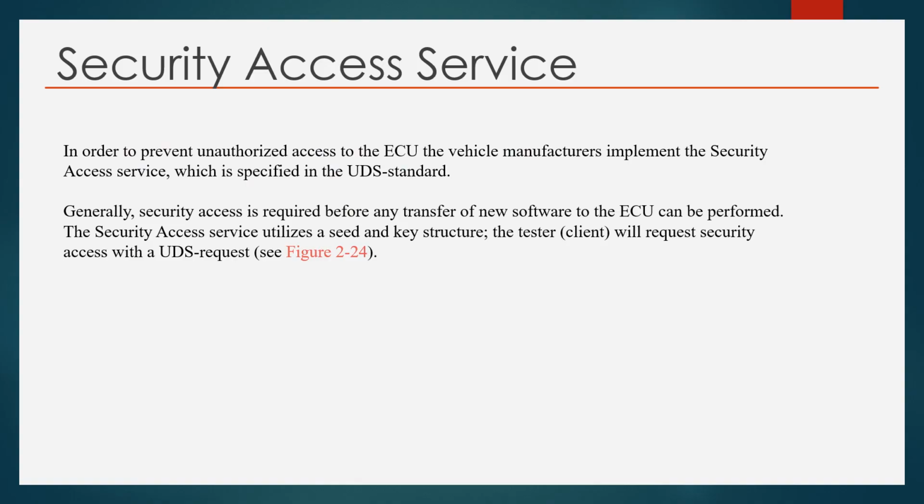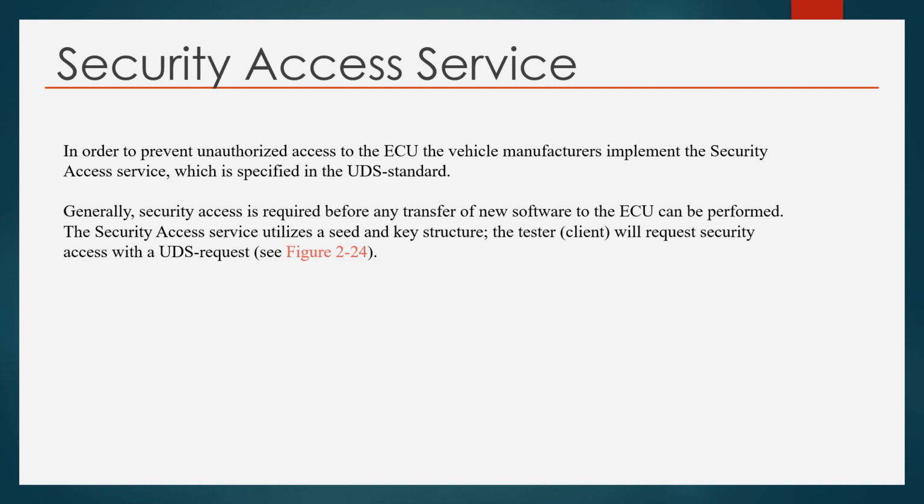Security access service. Security access service is very important, because with this we prevent unauthorized access to the ECU, since we need to unlock the ECU. We need to have a valid authorization, then it will unlock the ECU. Generally the mechanism of seed and key is used for this purpose, depending on which kind of security algorithm is used.